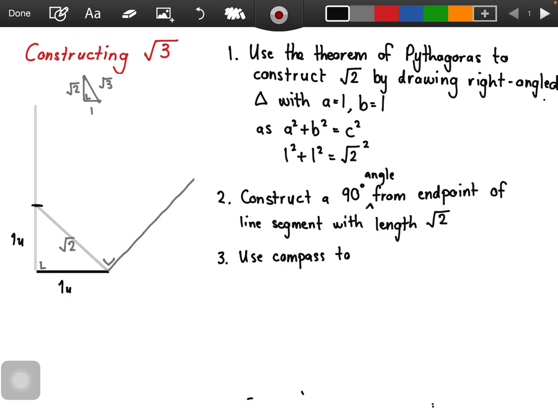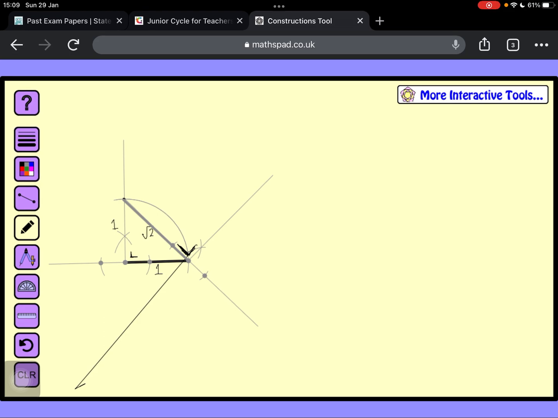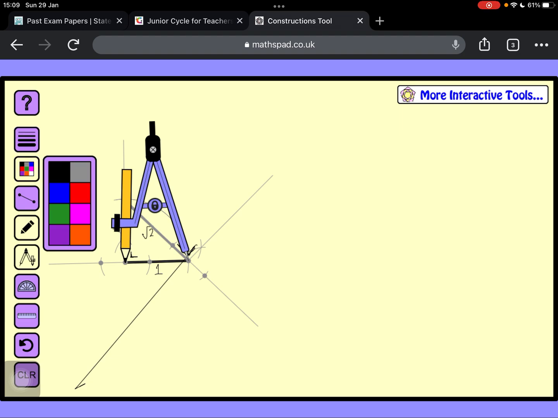to mark 1 unit from vertex. Okay, so get your compass. Okay, when you set the compass needle and the compass width to 1, again here, it is a lot nicer to show your construction, like where you're getting the length from.